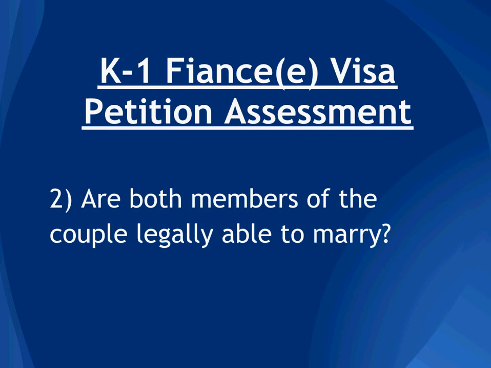And secondly, all prior marriages of both the spouse and the K-1 visa applicant must have been properly terminated. And finally, note that in some cultures, first cousin marriage may be acceptable, but there are state laws that prohibit such marriages. So you have to be mindful of that if you're in such a state.